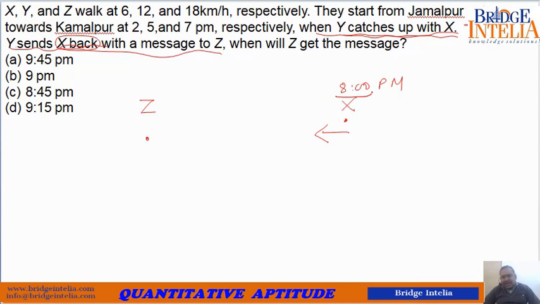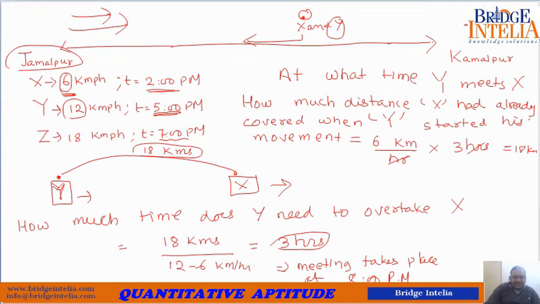But now the time is 8 p.m. That means you have to understand where Z was when the time was 8 p.m. So this is Kamalpur, from where the entire story began. The meeting takes place at 8 p.m. Where did the meeting take place?